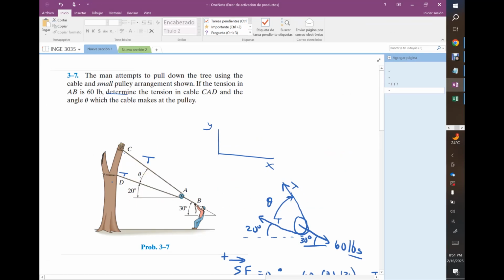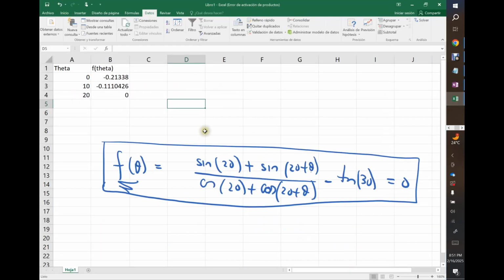And going back to Excel, as you can see, it wasn't a difficult problem, because basically you end up with a not very complicated number, nothing very complicated.